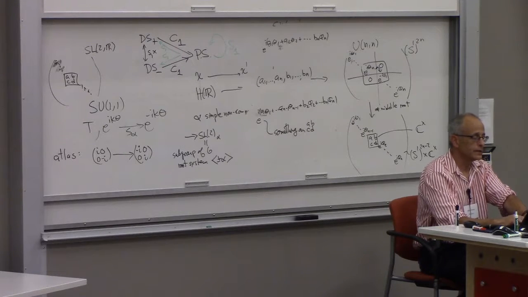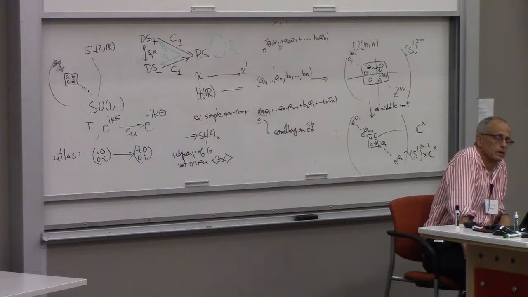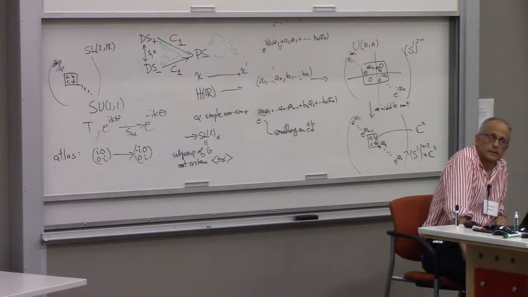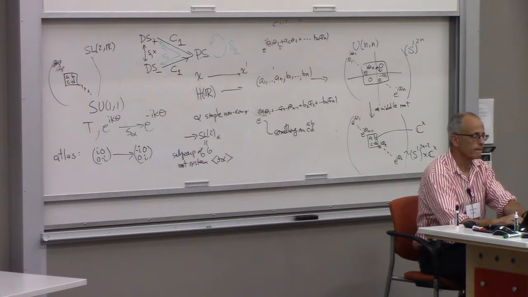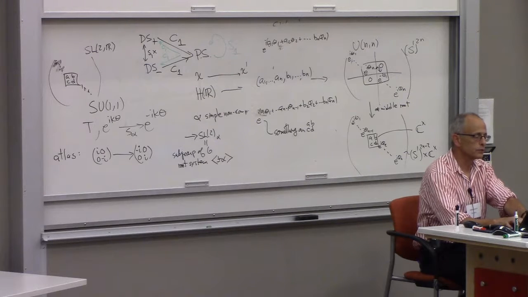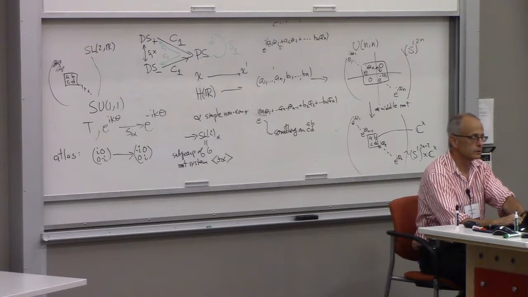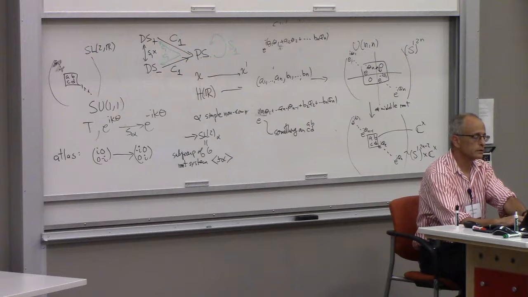So here's the lowest K type of B bracket 0. There's just a question of coordinates here. This is a 3-dimensional representation.